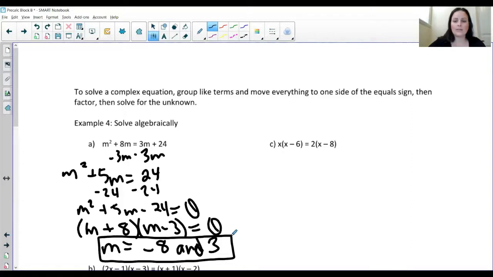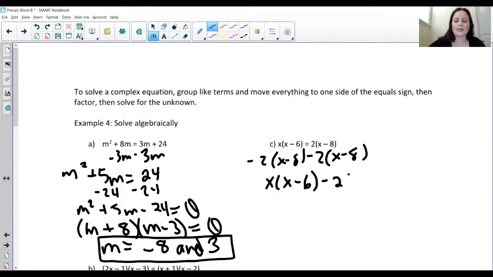Okay, so I'm just going to straight away move everything to one side. So I'm going to get x times x minus 6 minus 2 times x minus 8 equals 0. I now have to expand those brackets because the factors in the brackets are not the same. So I can't factor from here, but I'm going to hopefully expand, regroup, and refactor.